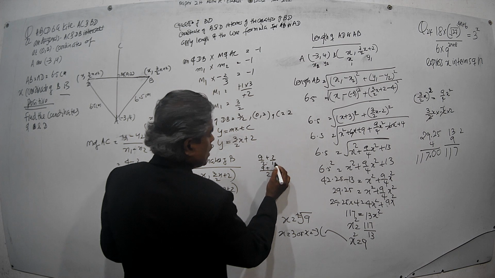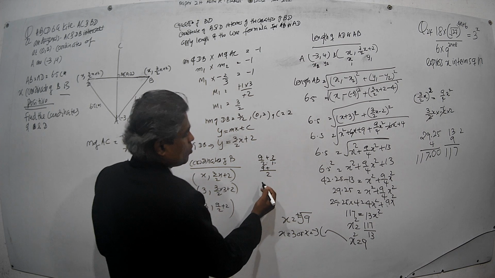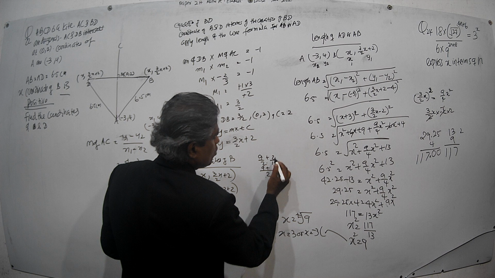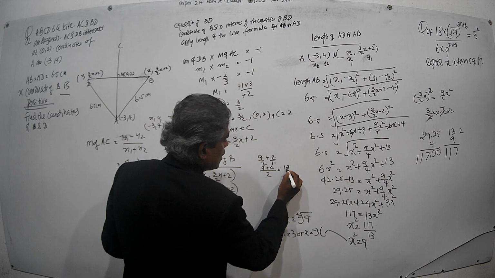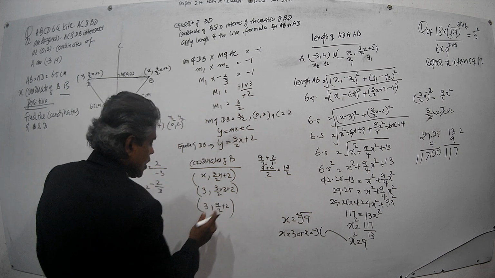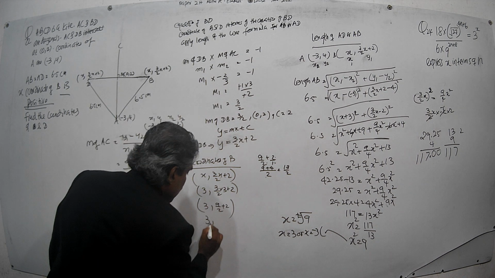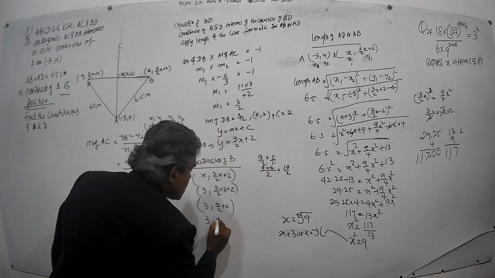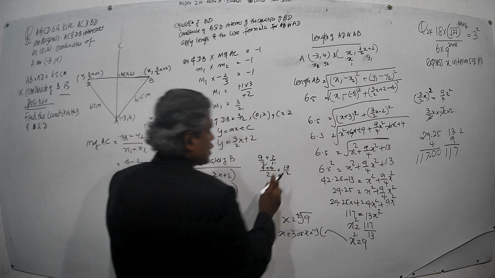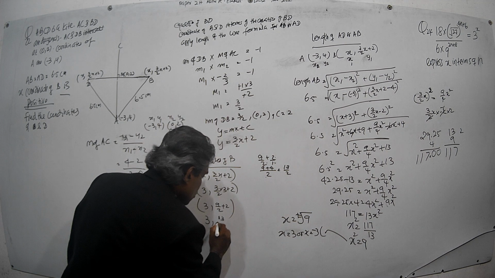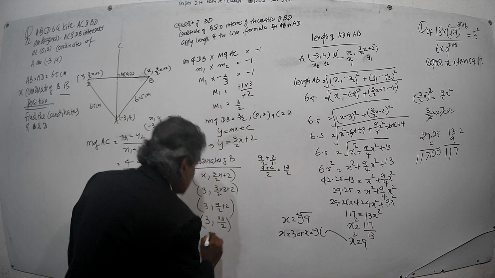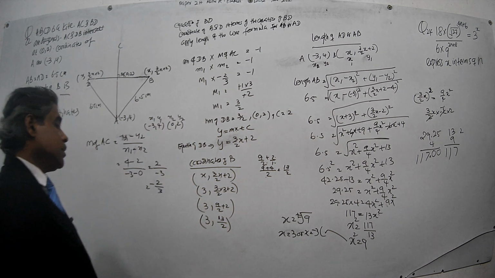The denominator had to be multiplied by 2 to get this one, then the numerator was multiplied by 2. How much? 4. Then this will be 13 over 2. Sorry, this is not 17 over 2, this is 13 over 2. This is the y coordinate, like that. These are the coordinates of B.